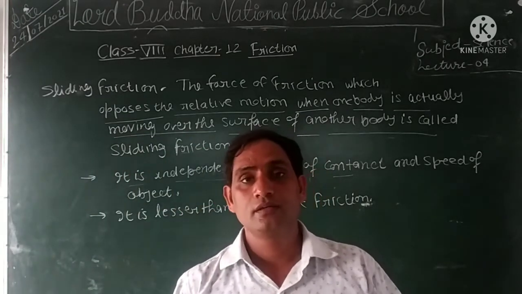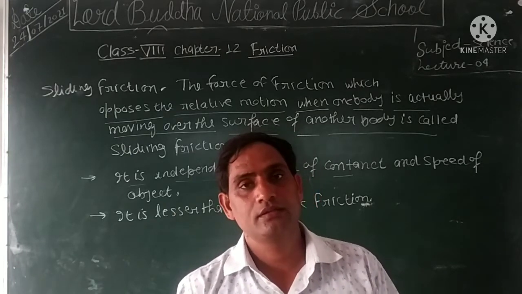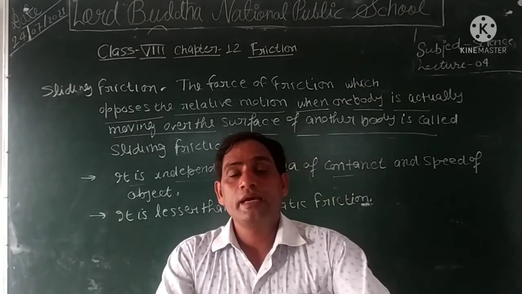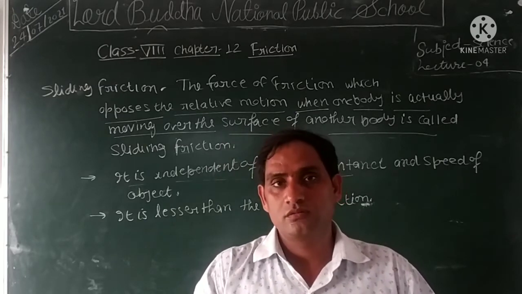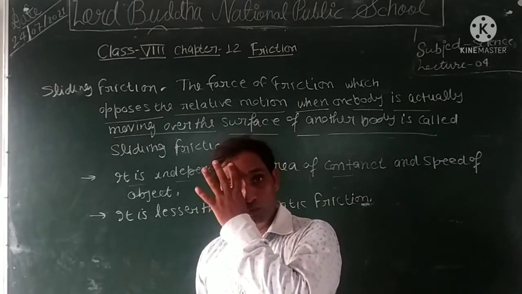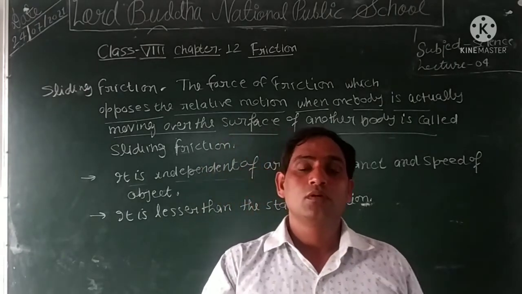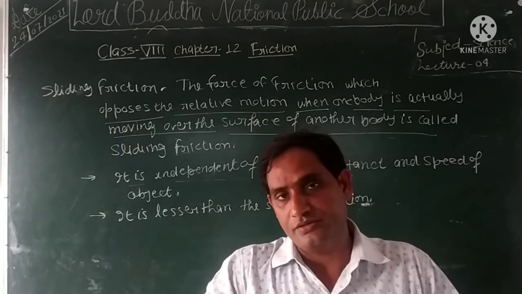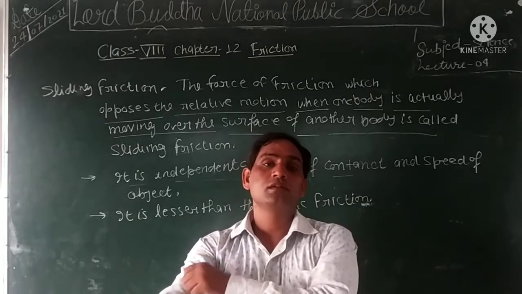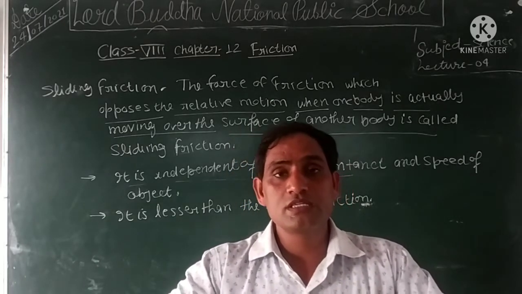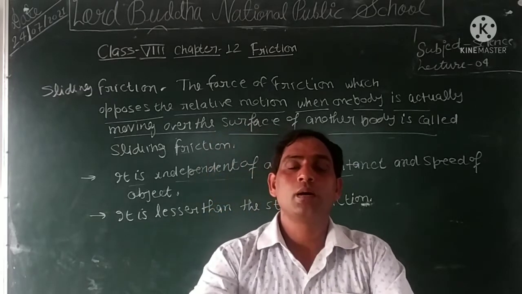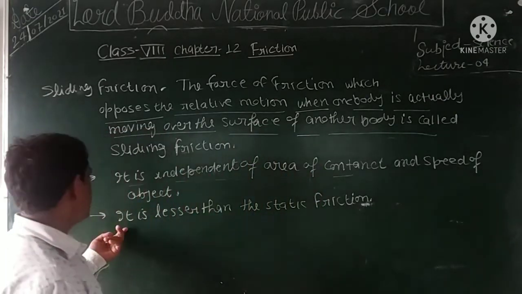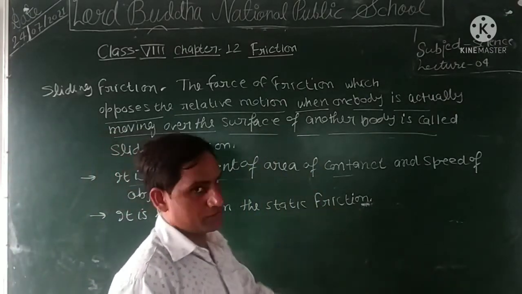This friction is independent of area of contact and speed, and it can be measured in terms of the force which is necessary to be applied on the object for that object to move with constant speed. Once again, it is the measure of the force which is necessary to keep the object at constant speed. Now, it is lesser than the static friction.